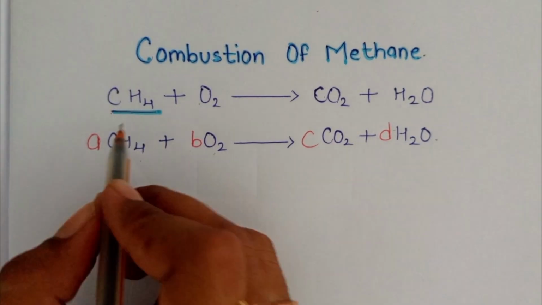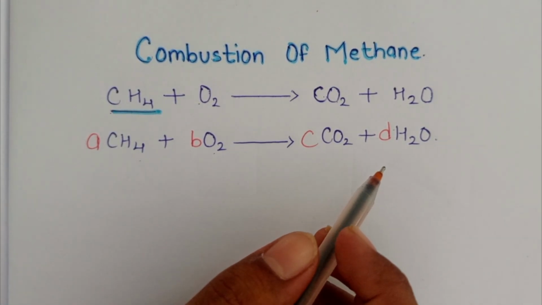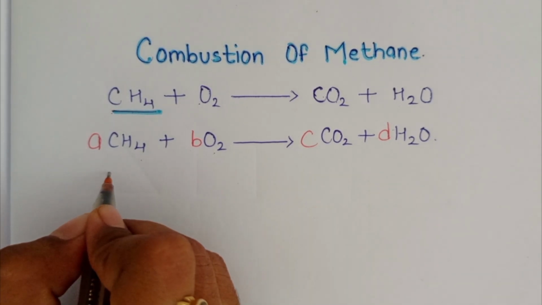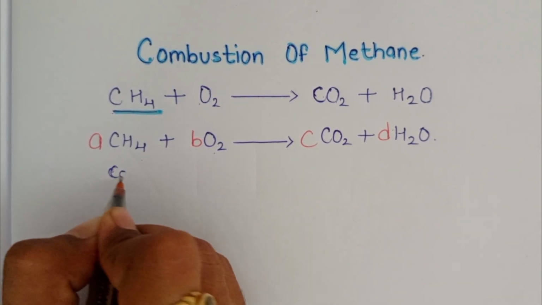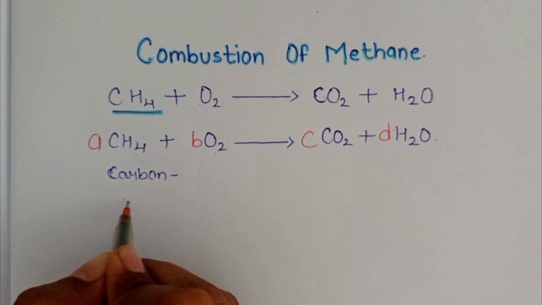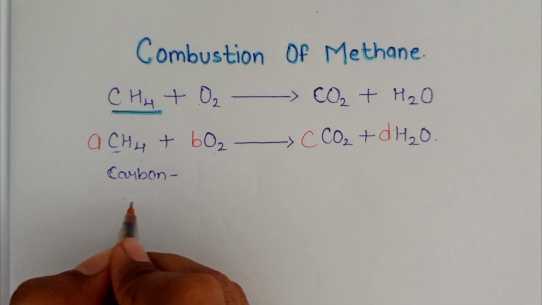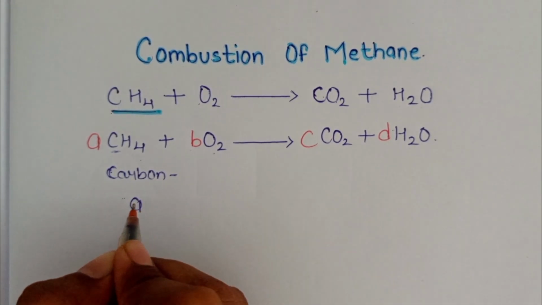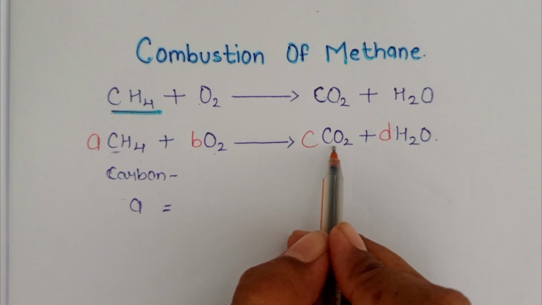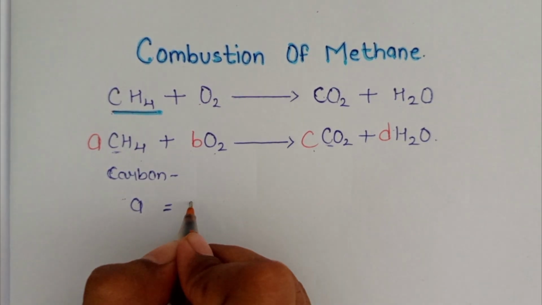We assign all these coefficients to the reactants and the products. So we will get the equation for carbon. For carbon, there is only one carbon atom, so we have A on the left hand side and on the right hand side we have one carbon atom and the coefficient is C, means C.